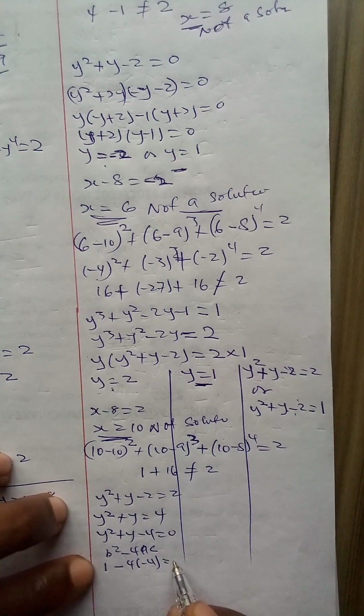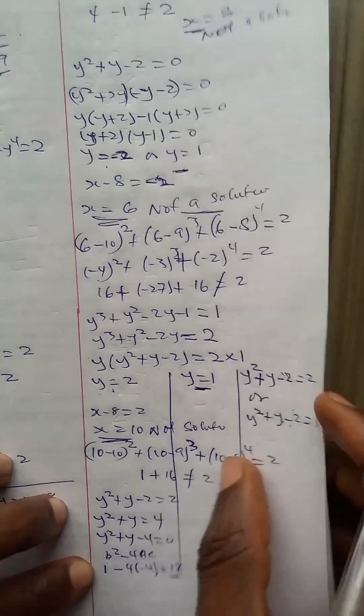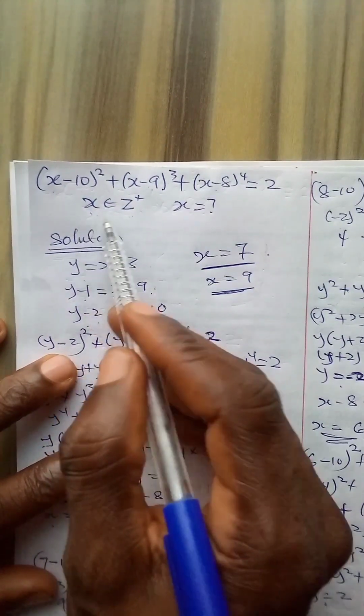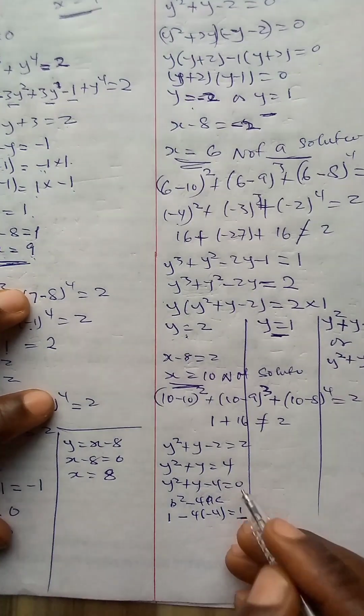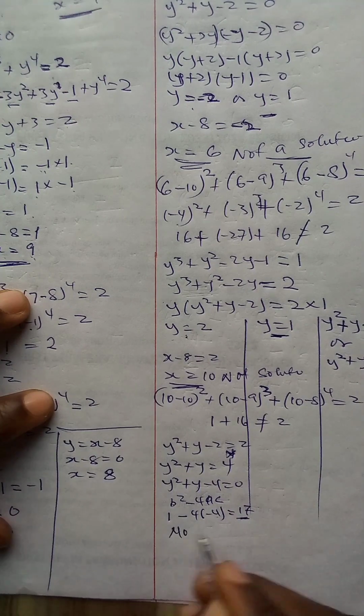So I have plus 17 here. And we are told that x is a member of the set of positive integers. So all the solution points from this factor will give us no solution.